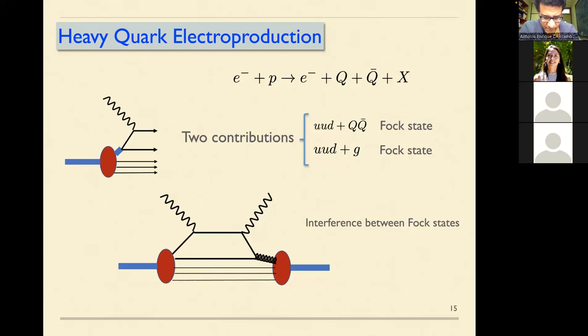As you know, the proton has many Fock states. It has the usual valence part, uud, but also other Fock states in which you have, for example, a gluon or a q q-bar, etc. In this case, you have contributions from both Fock states. It's the first time this has been appreciated, I think.